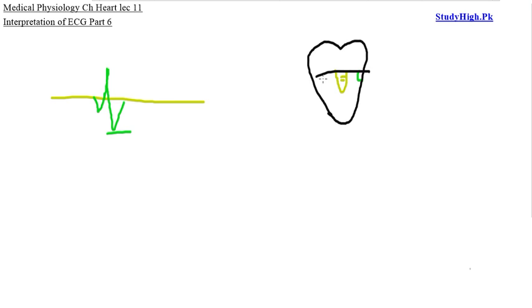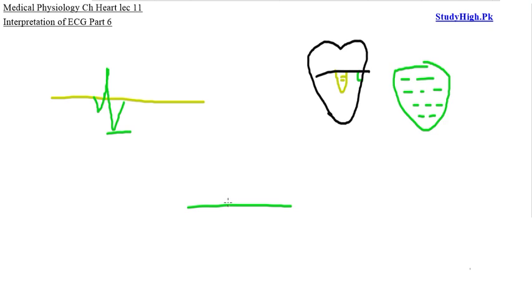So until all of our ventricular muscles are depolarized, the QRS wave will continue to form. When all the muscles of our ventricles are in depolarized form, then our QRS wave will be completed. If a small area of our cardiac muscle remains in polarized form, then the QRS will continue to form.